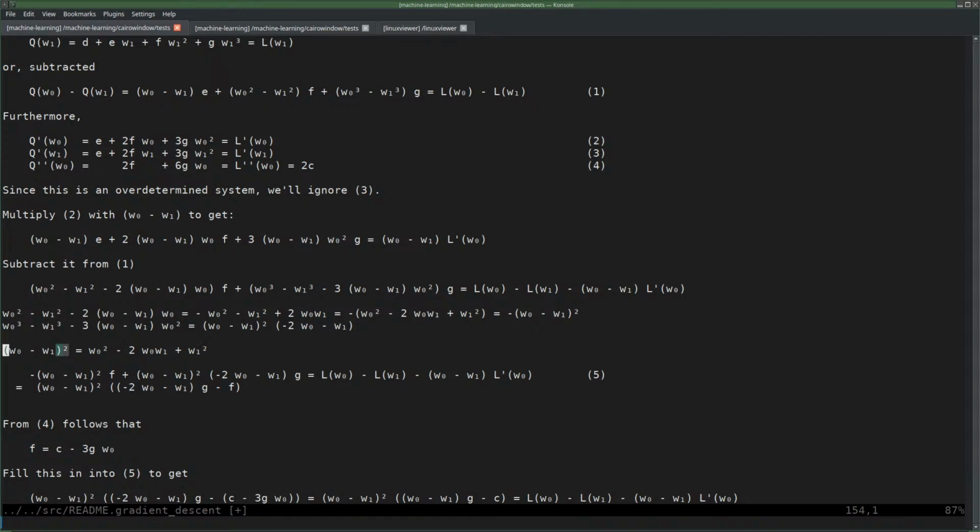And then all of that must be multiplied with minus 2 W0 and then minus W1 times the same thing.